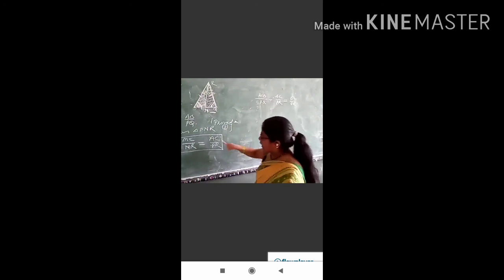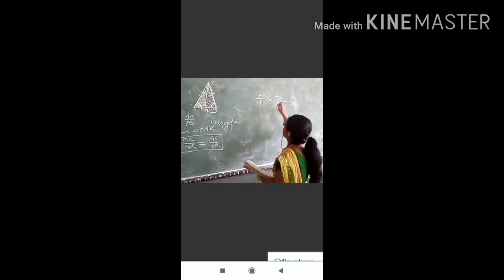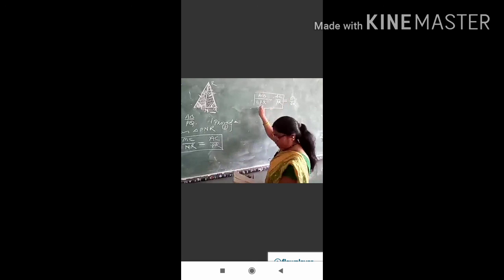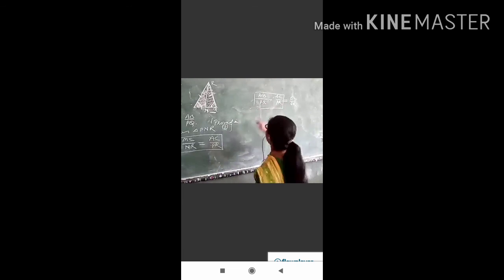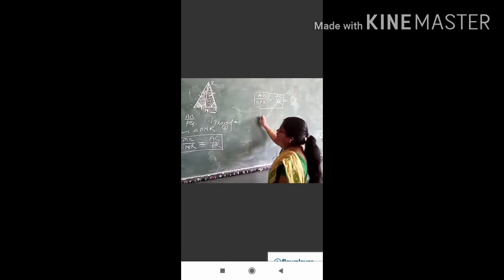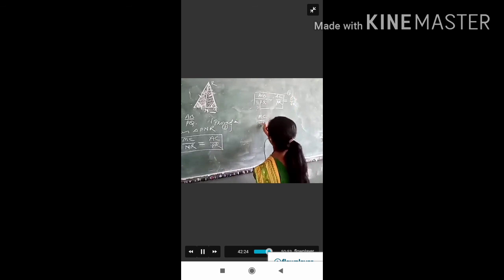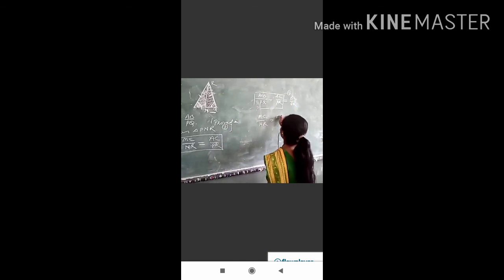When you see AC upon PR here and AC upon PR here, okay, so we can easily write it. What is it? When the right hand sides are equal, then the left hand sides are also equal. So MC upon NR is equal to AB upon PQ.